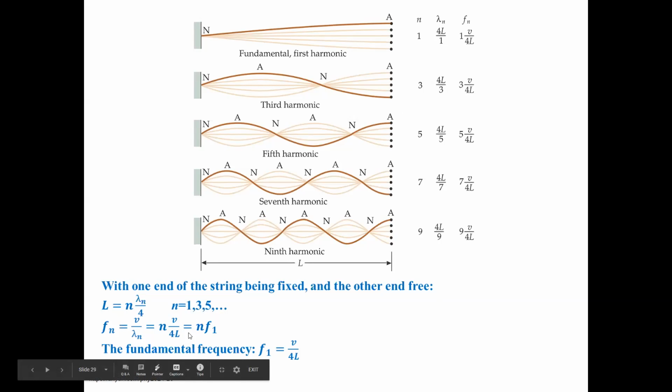In this expression, it is equal to n times f1. So the fundamental frequency is that guy. In this case, it's also n times the fundamental frequency for the nth harmonic. But in this case, n is equal to 1, 3, 5. In the previous case, n is just integer numbers. So this is the second scenario, when the other end of the string is free to move.